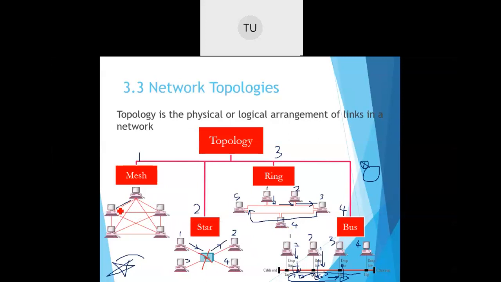Okay, so this PC can send here 1, 2, 3, 4, and 5. Okay, right? So if star, they only have the star shape.